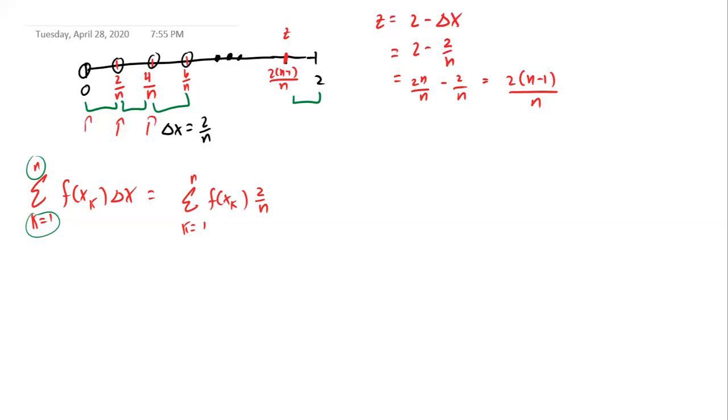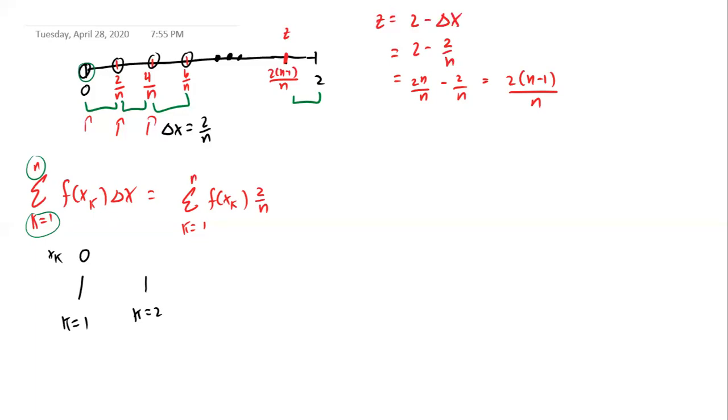So what is the idea? Well, when k equals 1, at the first subinterval, what should be our endpoint? Well, we're using the left endpoint approximation. You can just look at our picture here. The first left endpoint is 0. So at k equals 1, our x sub k should be equal to 0. When k equals 2, and we're on the second subinterval, our left endpoint is 2 over n.